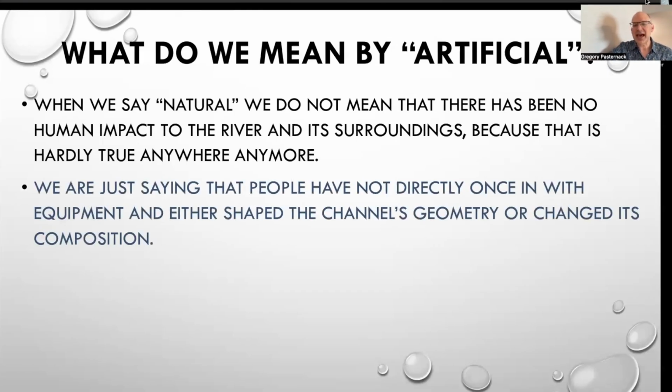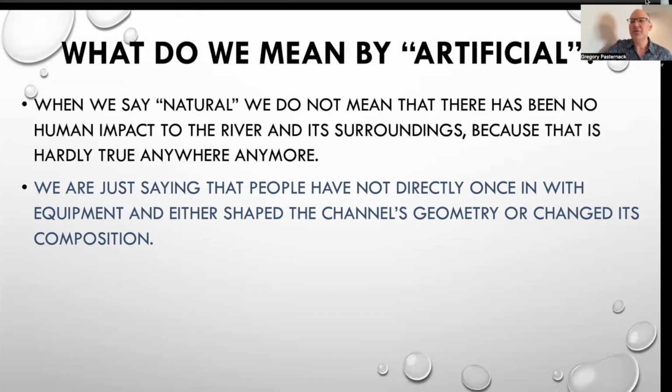What we're saying is that people have not directly gone in with equipment and shaped the channel's geometry or created its composition. So they didn't pour a whole bunch of riprap on the bank. They didn't dig a trapezoidal shape, like just really gone in from an engineering perspective, whether they did it with their own backhoe or whether this was permitted and engineered or not.